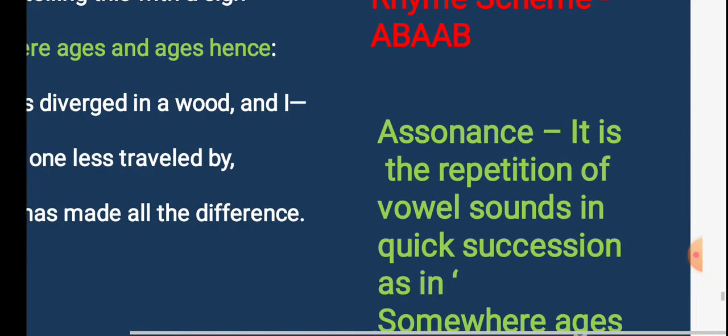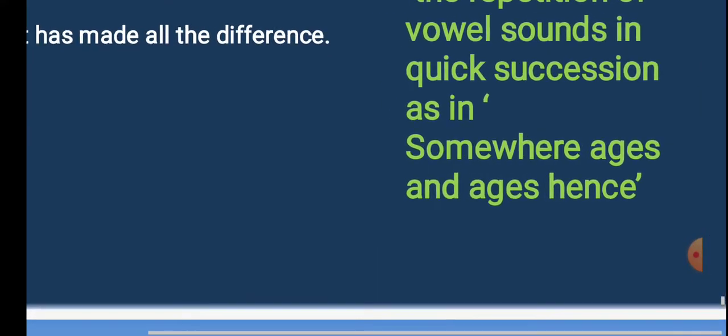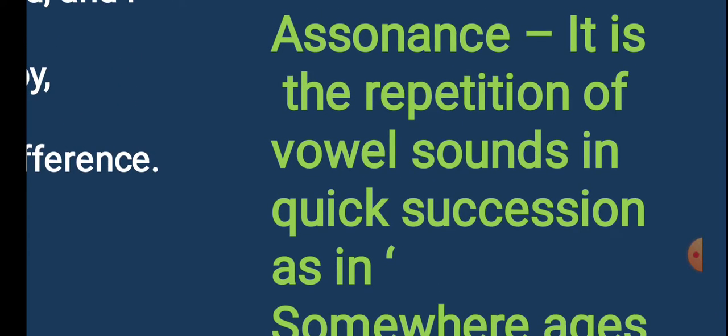Next is assonance. Assonance is the repetition of vowel sounds in quick succession, as in ages and hence. It means the E sound is repeated here again and again. So this is called assonance. A, E, I, O, U are the vowel sounds.